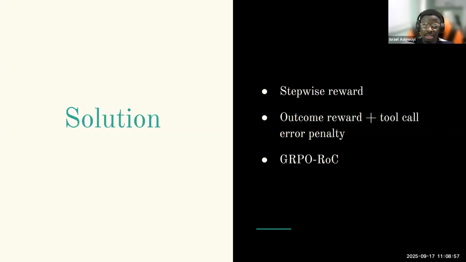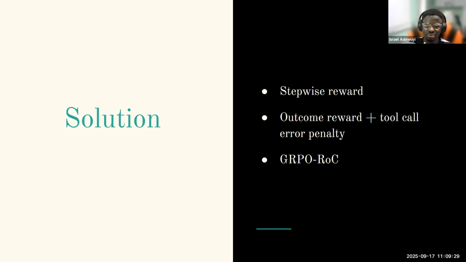The authors note that there are two solutions that have been explored in other literature. One is stepwise reward, where for every step along the reasoning chain, it seems to me in spirit like a process reward, you are rewarding every intermediate step. The other is outcome reward, but you add some penalty terms to the trajectory rollouts that the model produces.